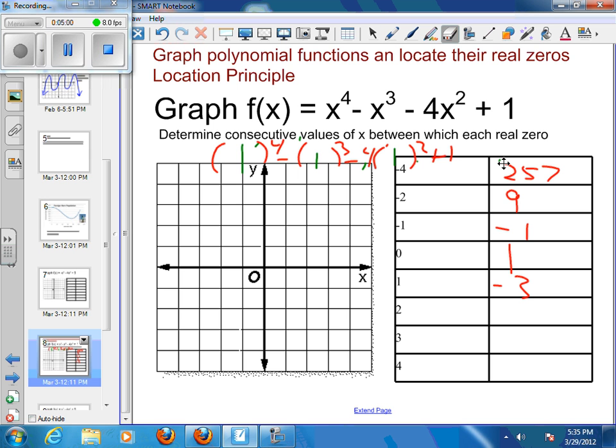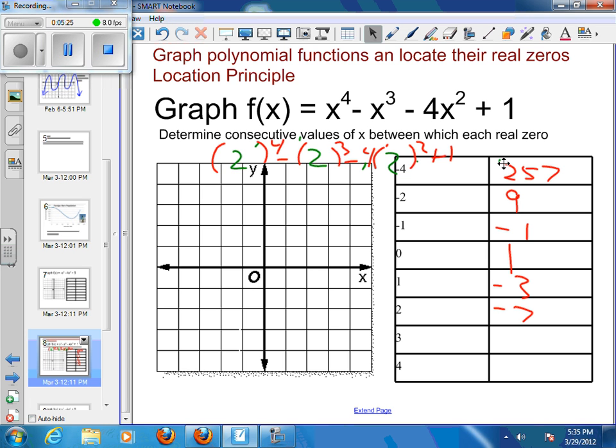Then I'm going to take out the 1 and put in my 2. And when I plug that in, 2 to the 4th minus 2 to the 3rd minus 4 times 2 squared plus 1, I end up with a -7.